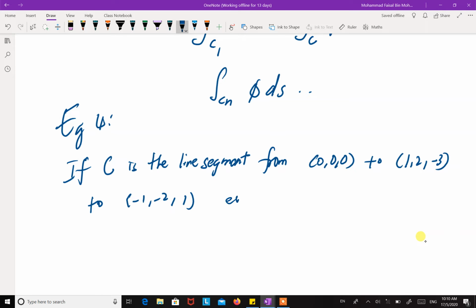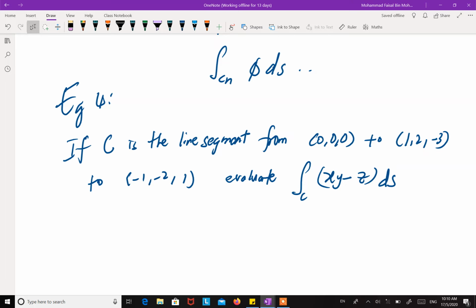Evaluate the integral of xy minus z ds, where s is the arc length measured along C.